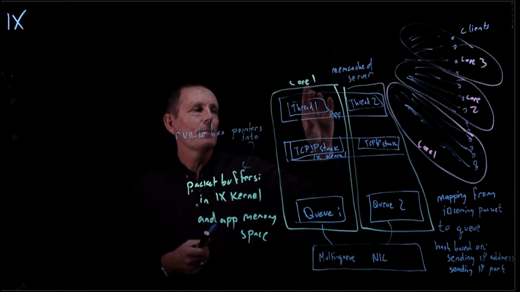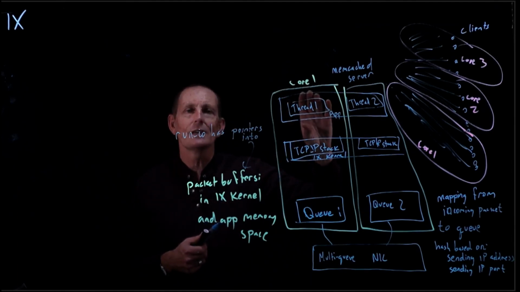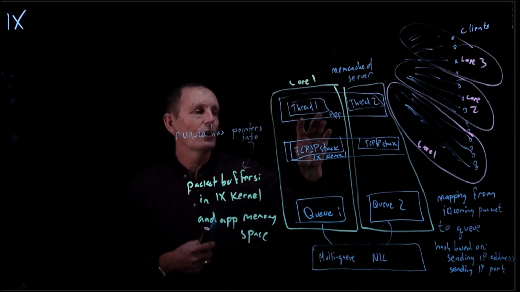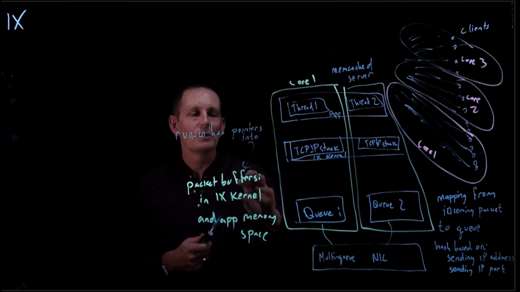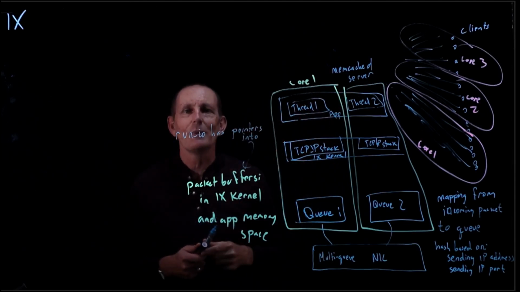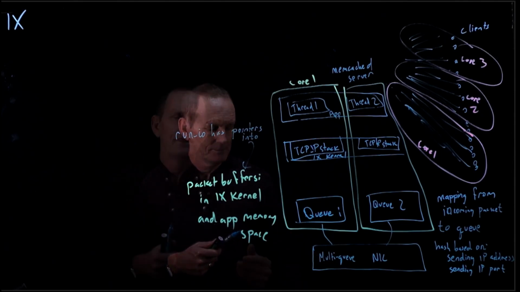The application will use one of these buffers when it's writing its outgoing data, and run IO then provides pointers to it. When you call run IO and there's an incoming packet, it'll be put in one of these buffers, and that comes back to the application via run IO. When the application is done with it, that's one of the things it provides back to run IO to say it's done. And then the IX kernel can reuse it.